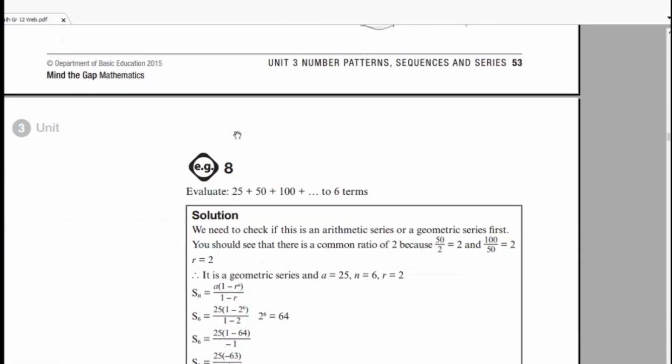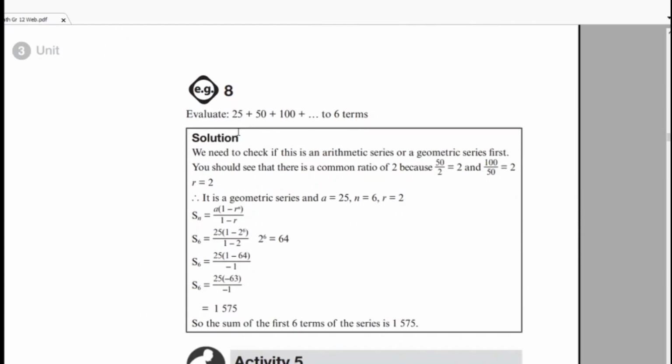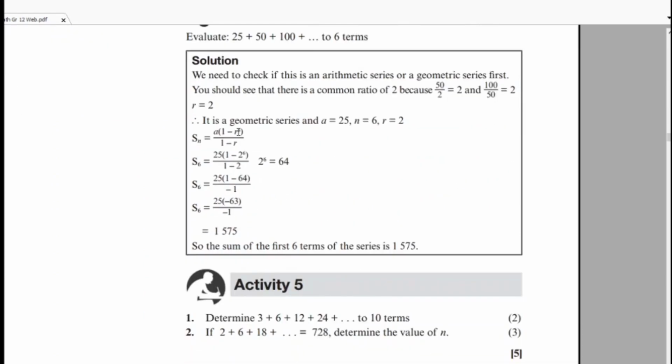So again, I'll just do this activity. I believe the best way to understand the section on number patterns is by doing as many questions as possible. Most of the time the questions on sequences and series are similar, they just change a few things here and there to test your understanding.